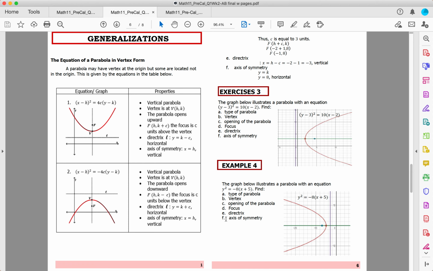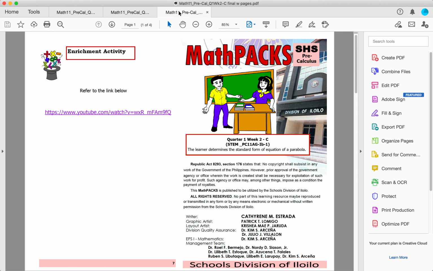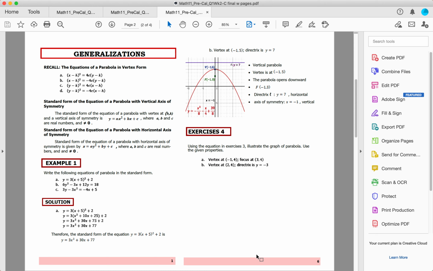Let's proceed to part C, the last part. I know this one is a bit more challenging than the other two parts, but I know you can do it. Okay, so for part C, we are now doing the general form.